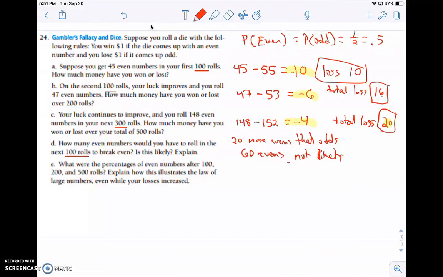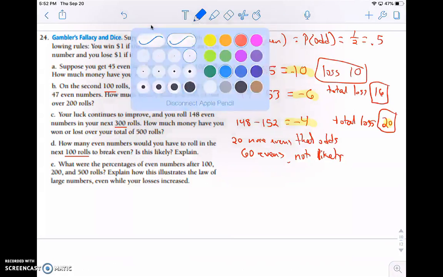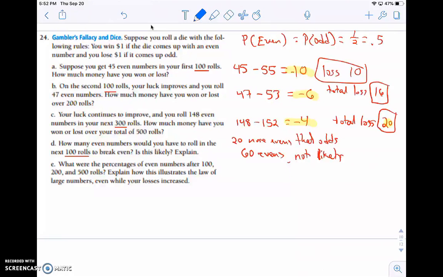So in the last part, we want to know what were the percentages of even numbers after 100, 200, and 500 rolls. And then we'll talk about the law of large numbers. So after 100 rolls, 45 out of 100 were evens, which is 0.45. After 200, now for the 200, you've got to look at 45 here and 47 there.